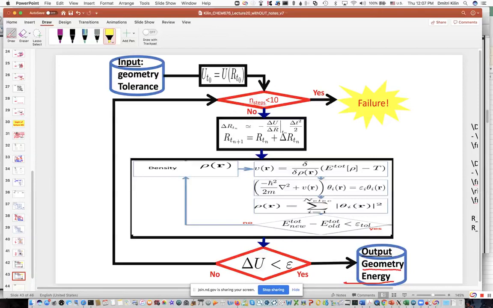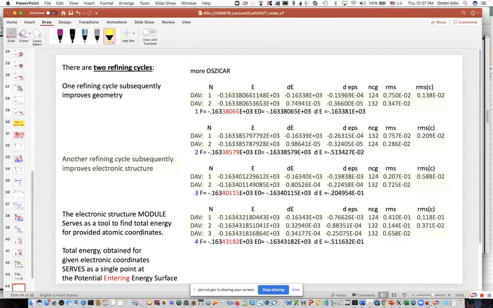If you look through the OUTCAR file at the beginning, I will bring it up in the next lab, it shows an external cycle where the geometry of ions is optimized, and inside each ionic cycle there are little electronic cycles.